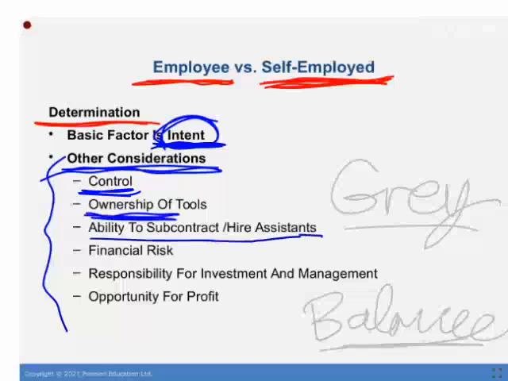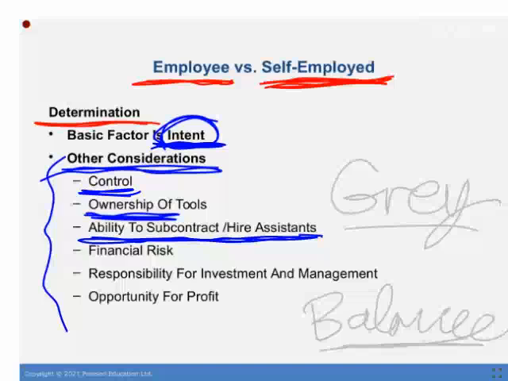There could be part of the contract for self-employed that involves certain specific key people to do certain things. That is possible, but the ability to subcontract out and hire assistants certainly leans more towards the side of self-employed. And none of these items are deal breakers. These are all basically the balance of the evidence that's there.